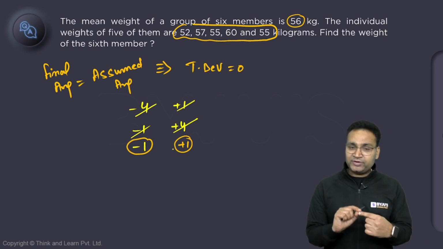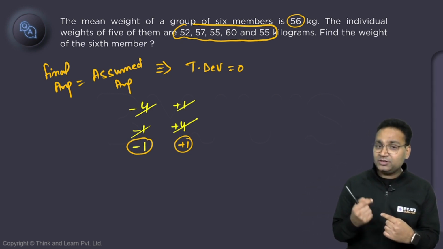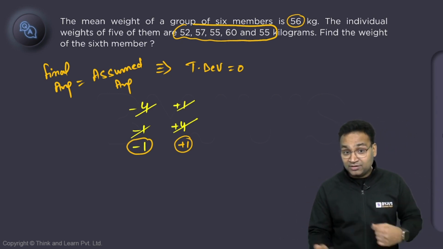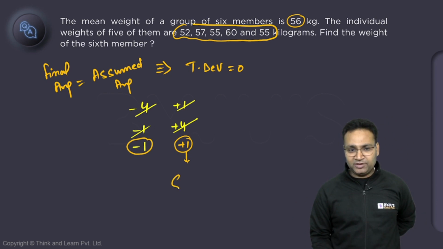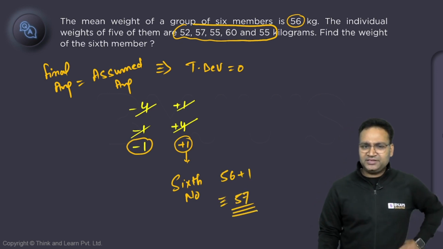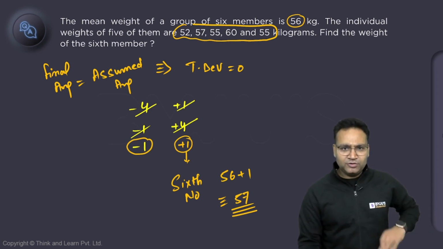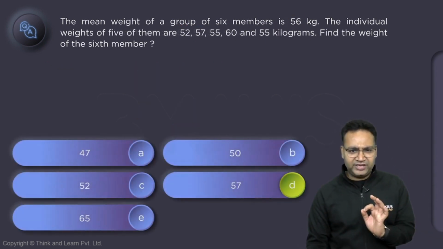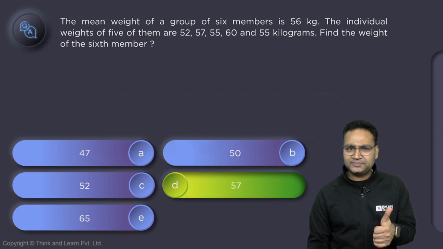And this plus 1 should be the deviation for the 6th number. Can I say the 6th number should be what? 56, the assumed average, plus 1. So what is your answer? 57. Isn't it clear? Straightforward. No calculations. Can be done very easily. 57 is the answer.